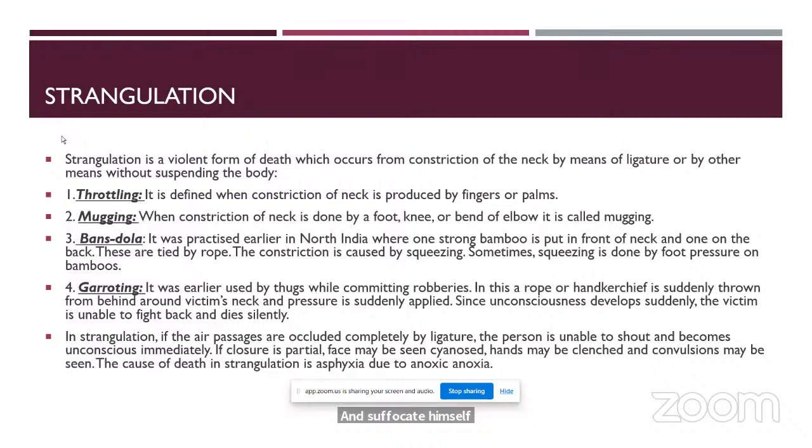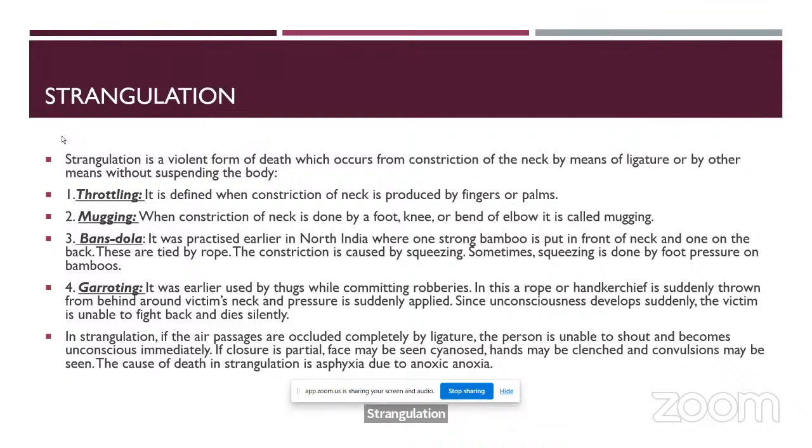So this was about suffocation. As we have discussed hanging and strangulation, there are certain differences between them. The main difference, which I have discussed, is the suspension of the body, which is present in hanging and absent in strangulation.